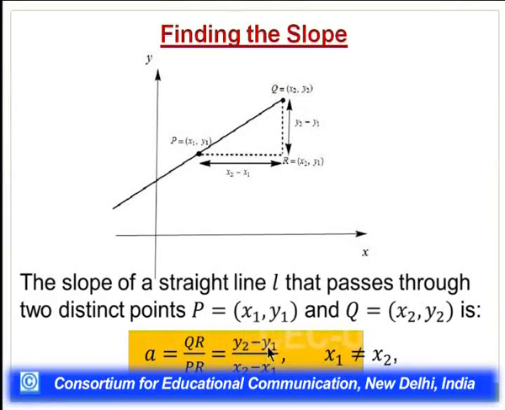So QR is given by y2 minus y1, and the denominator PR is x2 minus x1, because P and R are at the same height, but the horizontal difference between them will be x2 minus x1. And clearly, because division by 0 is not allowed, we have that x1 should not be equal to x2.